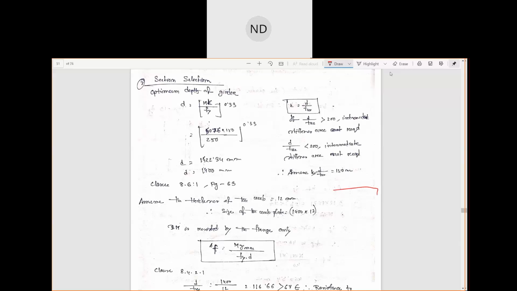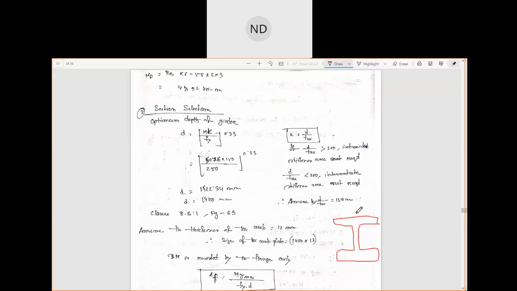Okay, so this was the I section. We have to design this plate girder, so we need to know the size of this flange and the web, such that all the shear force and the bending moment which we have calculated can be resisted by this particular plate girder system.